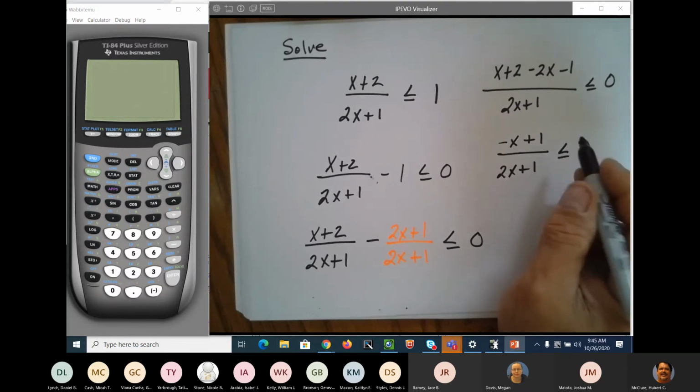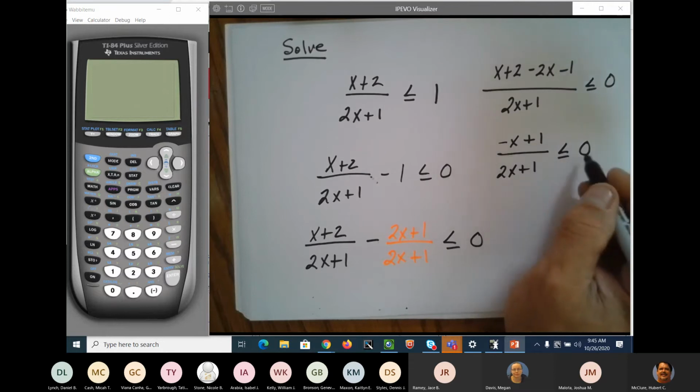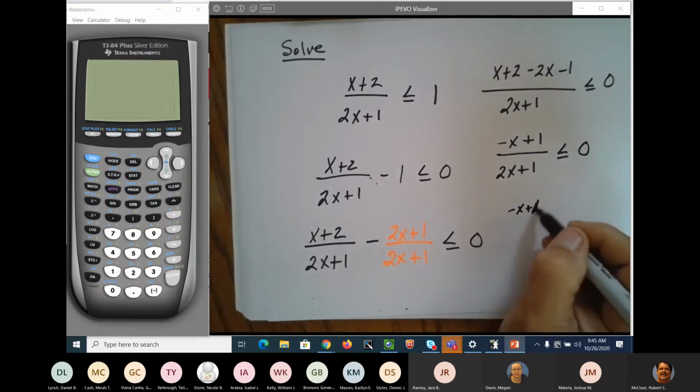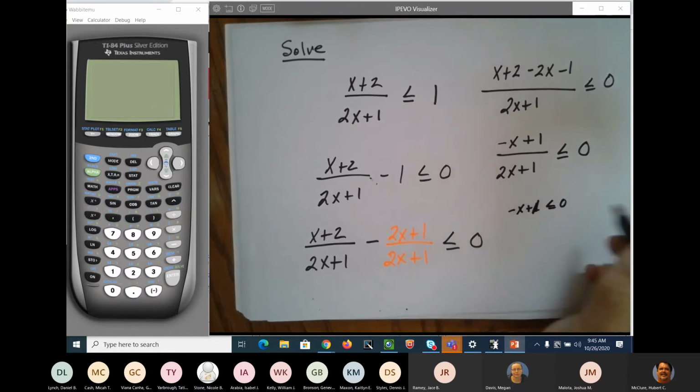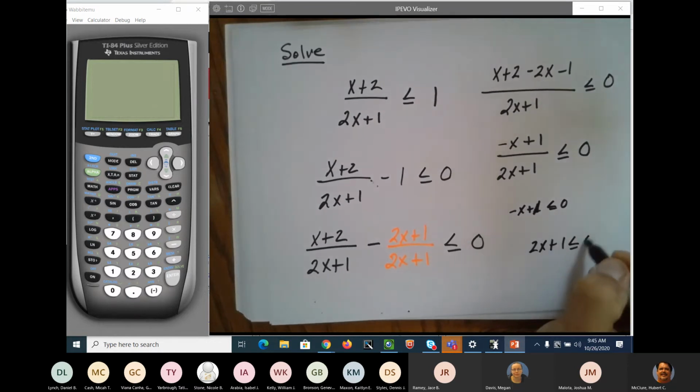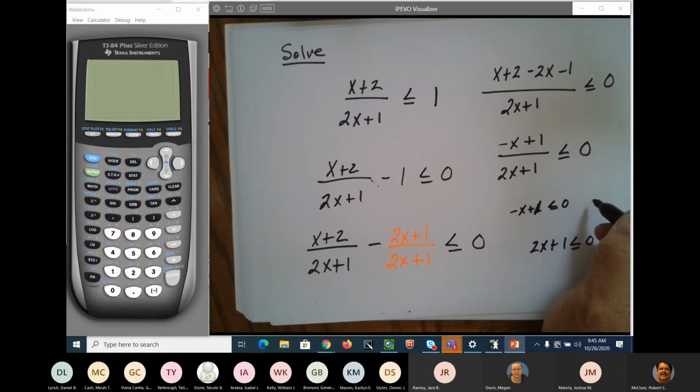Now you can solve the top and the bottom. Since this is less than or equal to 0, you can say negative x plus 1 is less than or equal to 0, and 2x plus 1 is less than or equal to 0. And this is going to give you x is equal to 1, and x is equal to negative 1/2.